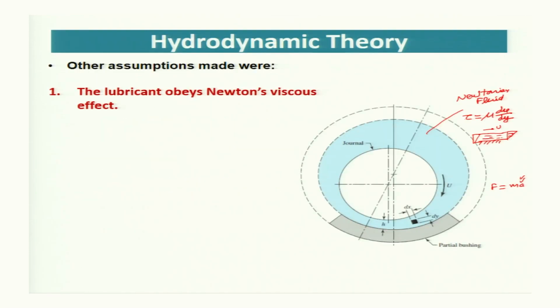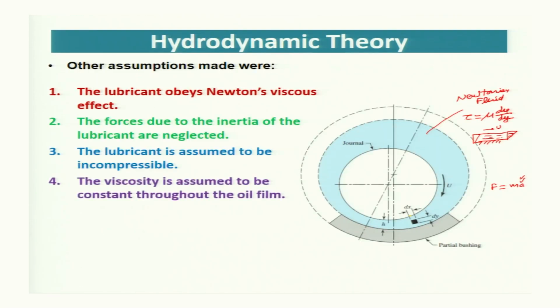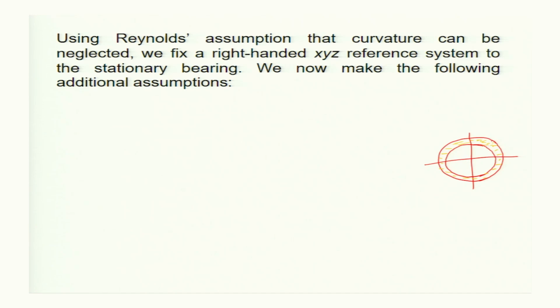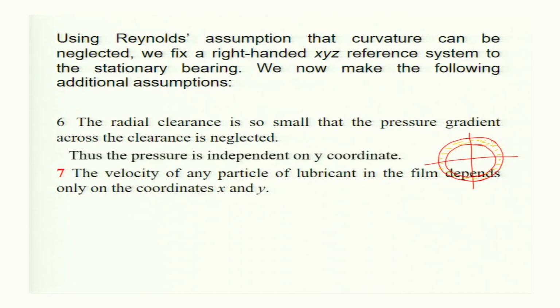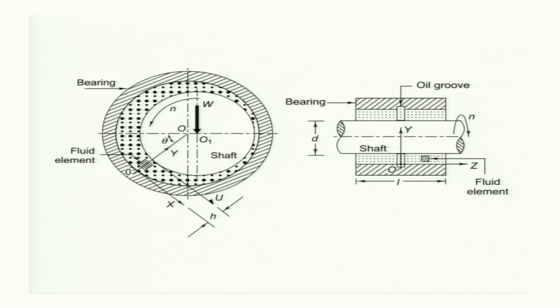You may see here, the y coordinate is attached along the thickness. The velocity of any particle of lubricant in the film depends only on the coordinates x, y. This is another assumption.